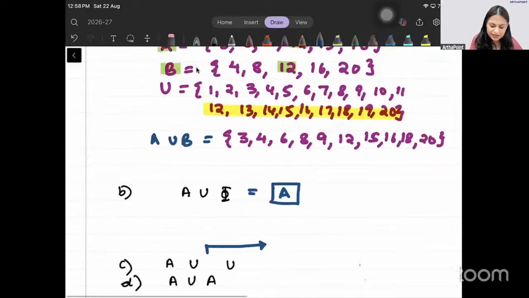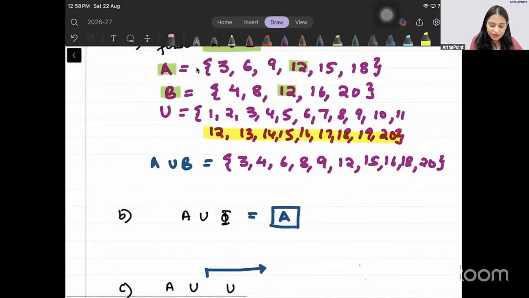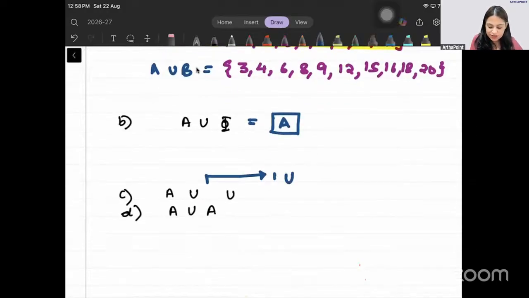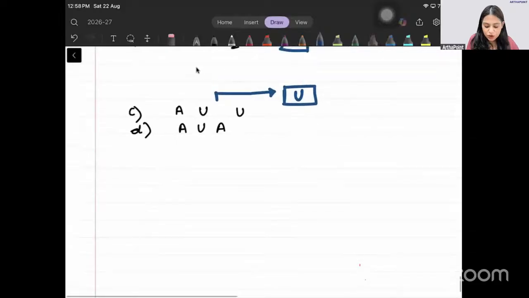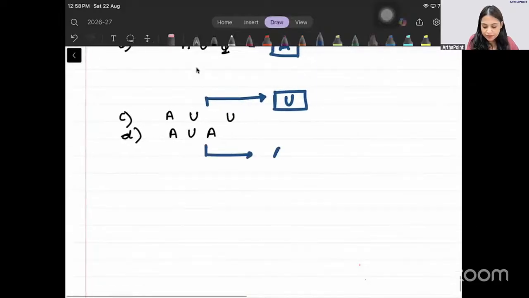So universal set contains everything, right? So when we talk about A union universal set, it will simply be the entire universal set, because we have to write all elements of A and all elements of the universal set. And A union A simply will be A.